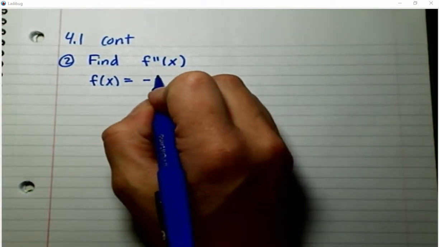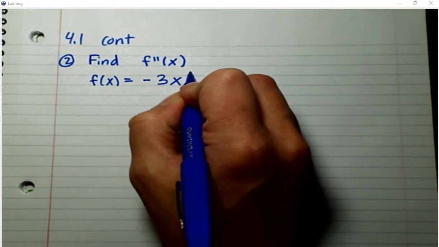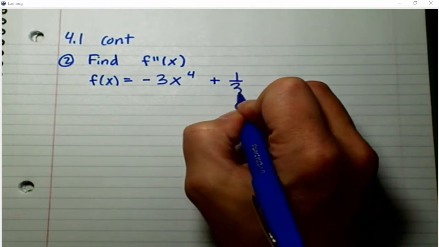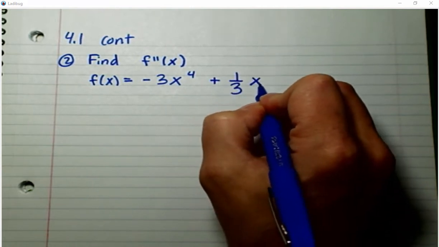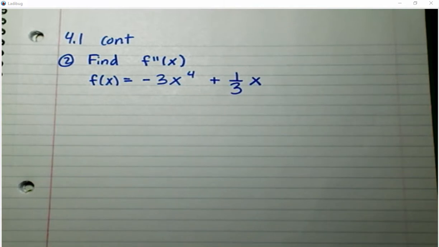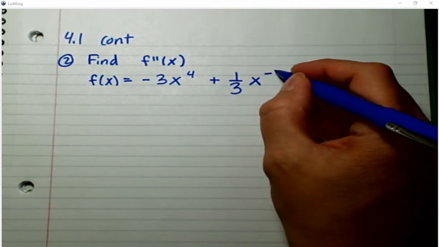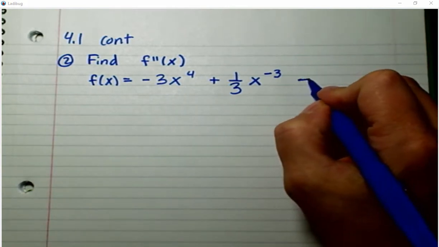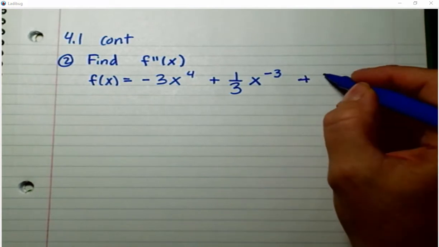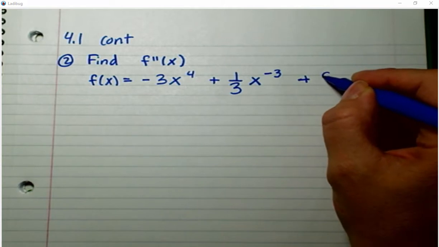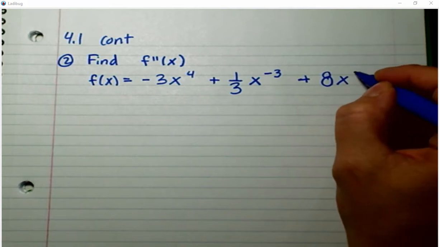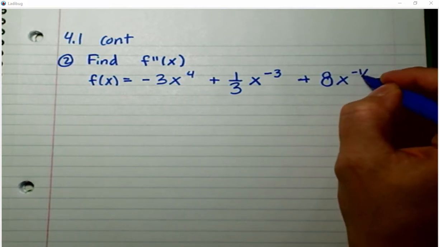So let's say f of x equals minus 3x to the fourth plus 1/3 x to the -3, and then plus 8x to the -1/2.